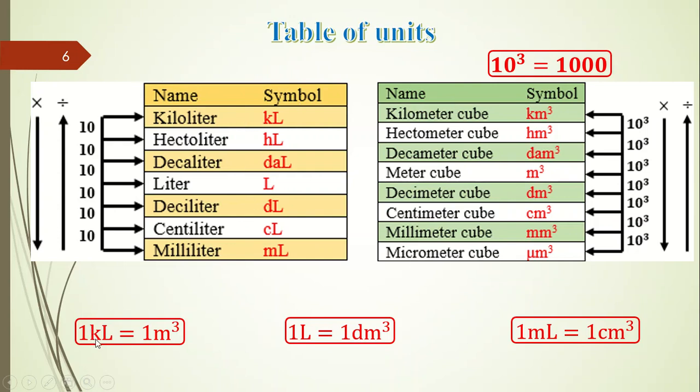So we have 1 kiloliter equal to 1 meter cube, 1 liter equal to 1 decimeter cube, and 1 milliliter equal to 1 centimeter cube. And vice versa, 1 centimeter cube equals 1 milliliter, 1 decimeter cube equals 1 liter, and 1 meter cube equals 1 kiloliter.